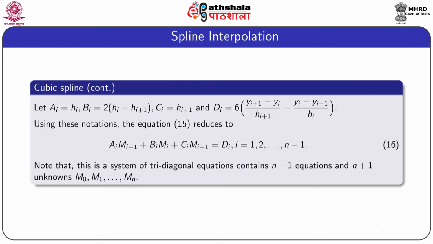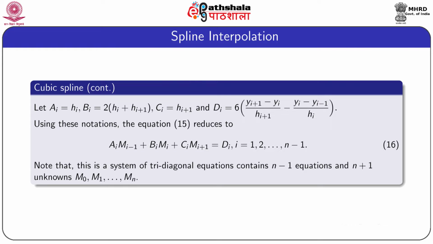So, using this notation, equation number 15 reduces to A_i m_{i-1} + B_i m_i + C_i m_{i+1} = D_i, and this is valid for i equal to 1 to n minus 1. That means, this is a set of n minus 1 equations.